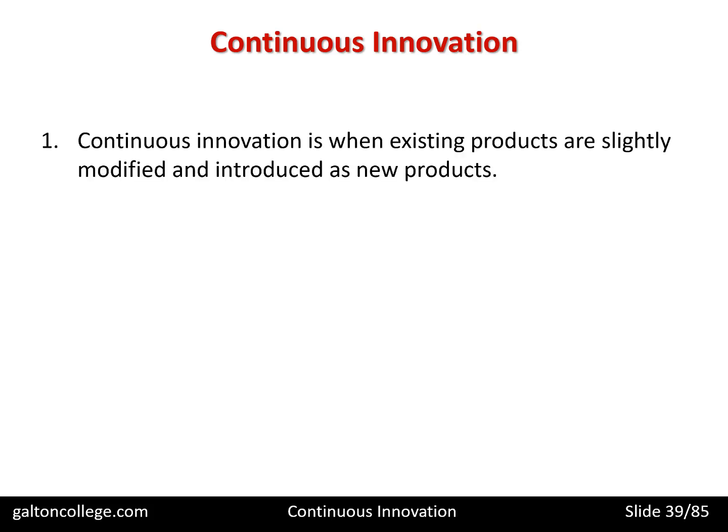Continuous innovation is when existing products are slightly modified and introduced as new products. So car manufacturers will add something new, a keyless car. They just have a fob which will open the door and start the engine.